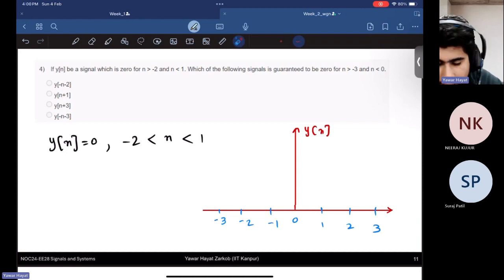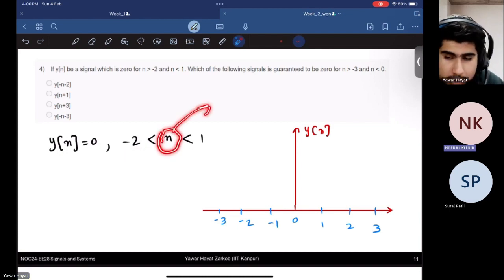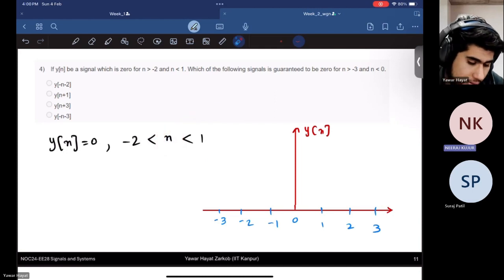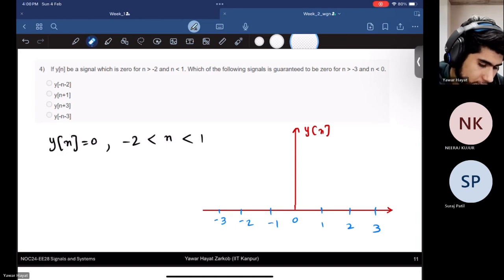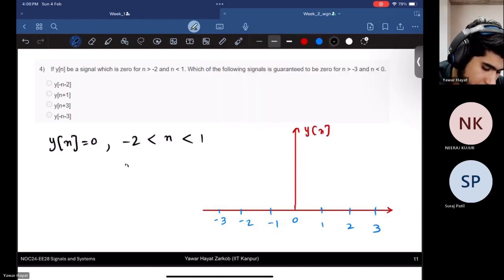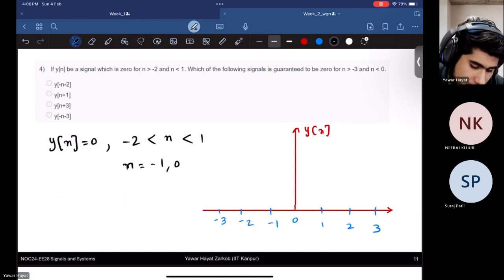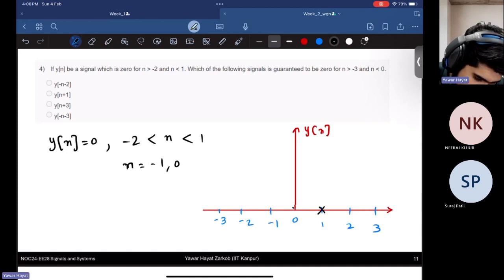Okay, so you are saying y of n plus 1, we'll see if that is the right answer. Meanwhile, help me out. y of n is 0 in this interval, so what are the values of n for which it is 0? Remember, n is an integer. Yes, -1 and 0. n equal to -1, 0, right?